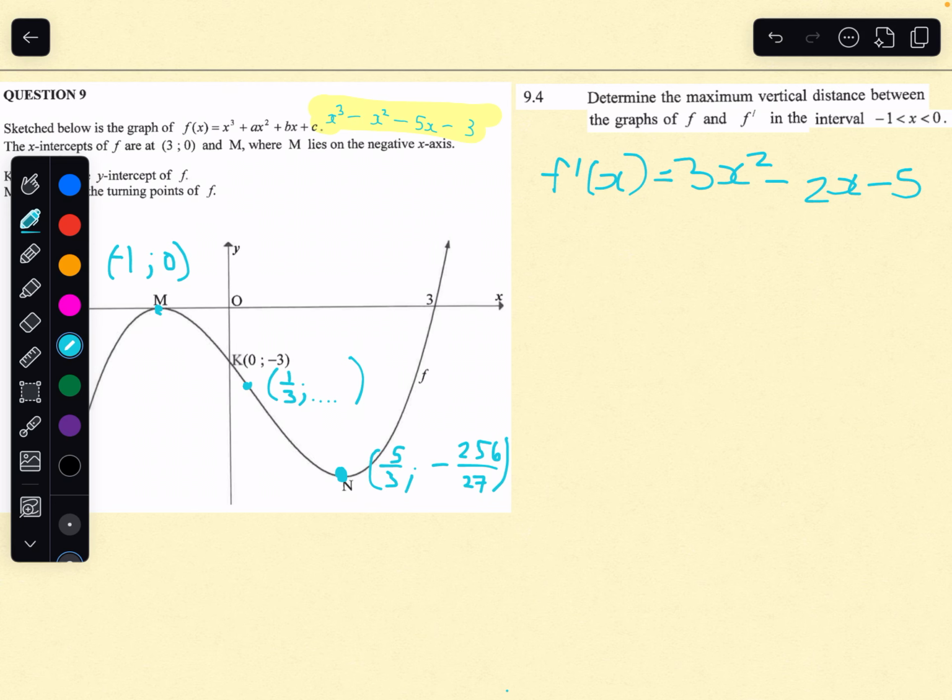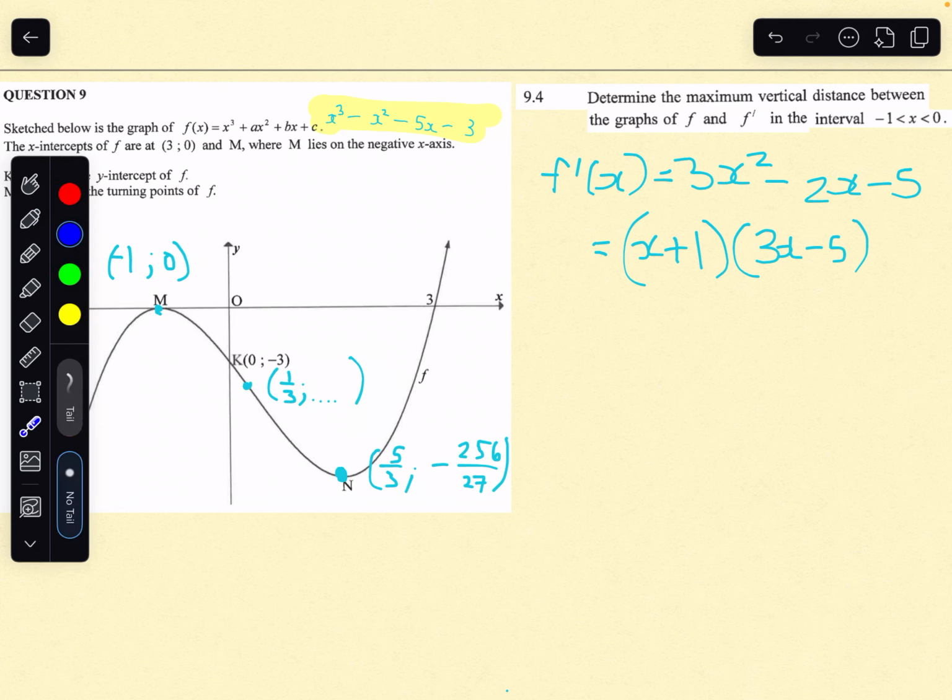Okay, so what does this parabola look like? We don't really need to sketch it, but just for the sake of us knowing, we know that one of the factors is x plus 1, and then the other one ended up being 3x minus 5, right? Because 3 times 5/3 is 5, minus 5 is 0.